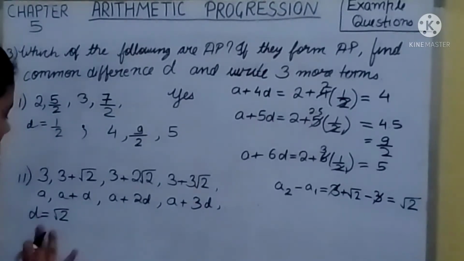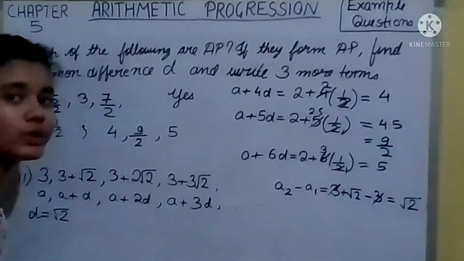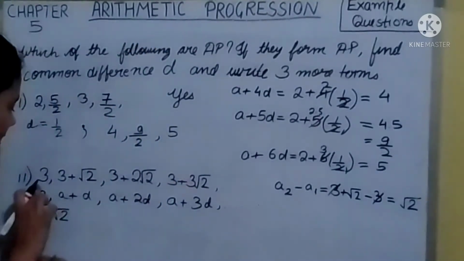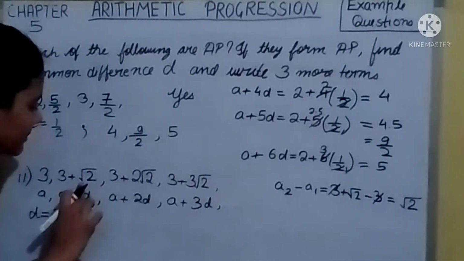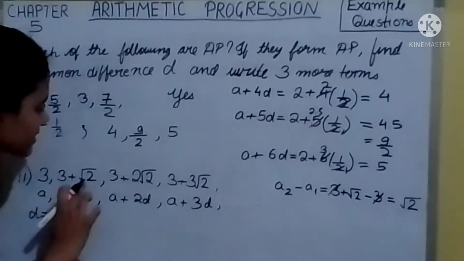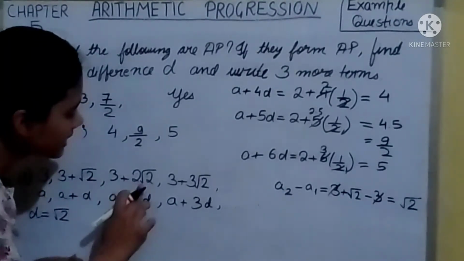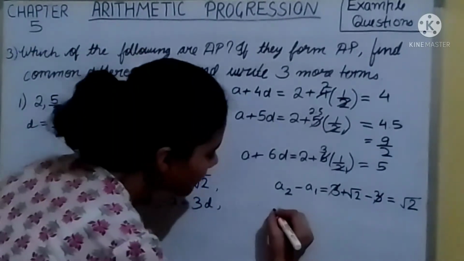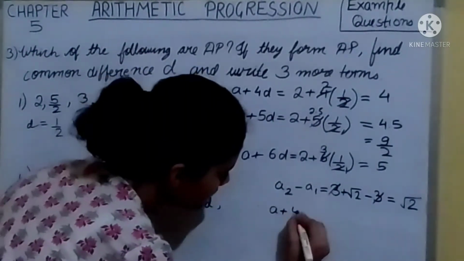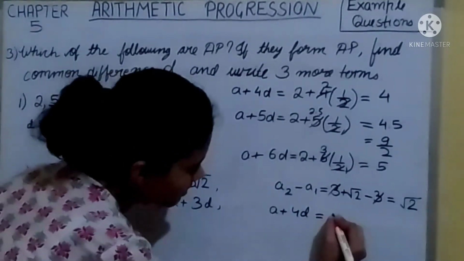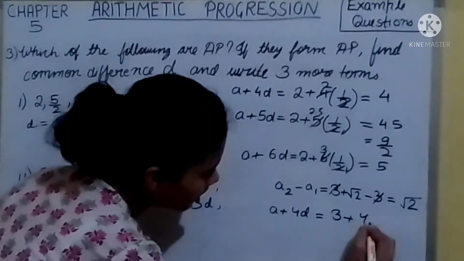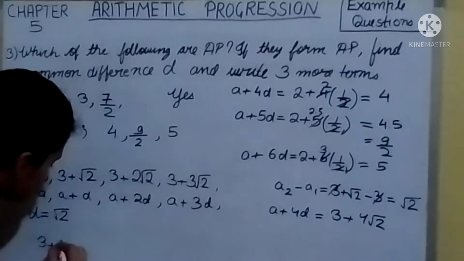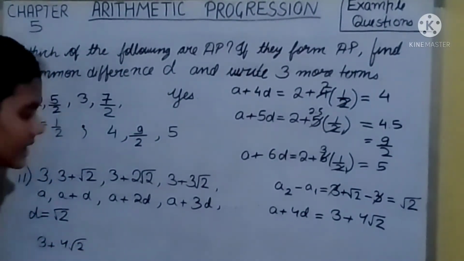So now if this is the common difference, we have to find the further list. So the first term is a, the second term is a plus d, then the third term is a plus 2d, the fourth term is a plus 3d, so the fifth term will be a plus 4d. So 3 plus 4 root 2.